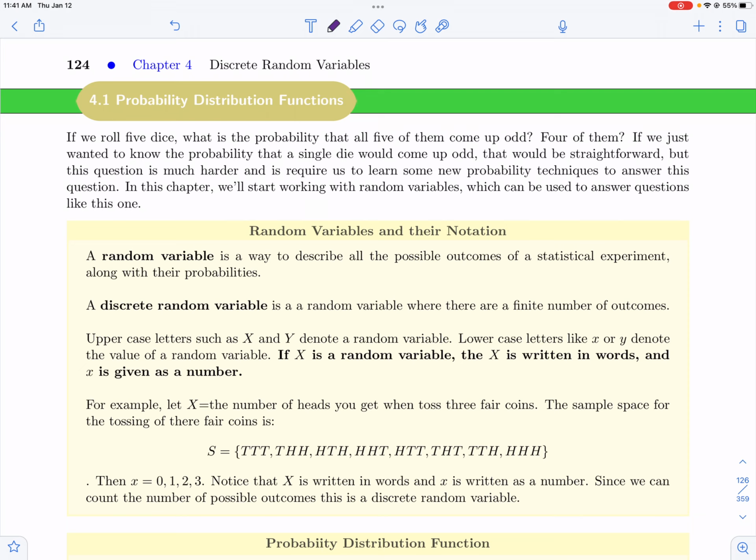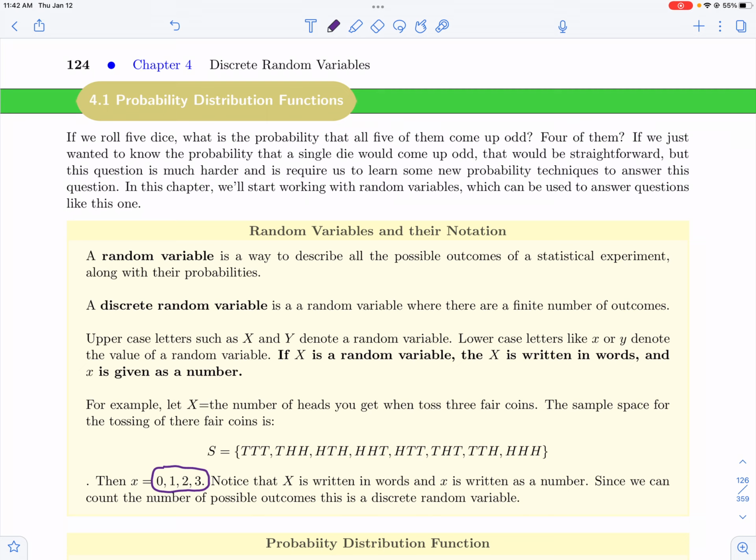So if we look at this little example below, we let X equal the number of heads you get when you toss 3 fair coins. That would be a verbal way to describe what's going on. And so our lowercase x is going to represent all the possible heads that we can actually get for these guys. So our numeric choices are we could get 0, we could get 1, we could get 2, we could get 3.